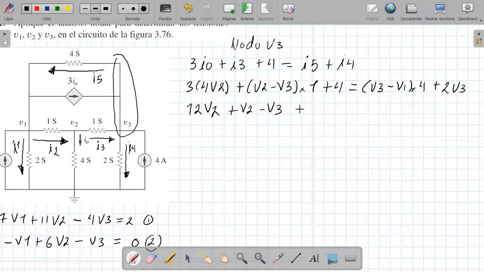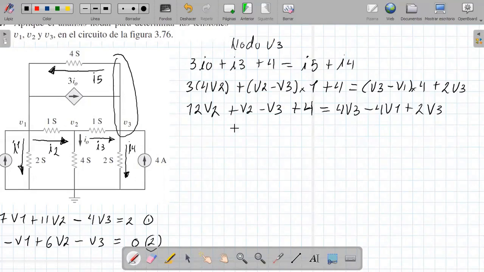I'm opening the parenthesis, 1 multiplied to each one, plus 4, one of the constants, the value of the current source. It is 4 amperes. 4V3 minus 4V1 plus 2 times i0.